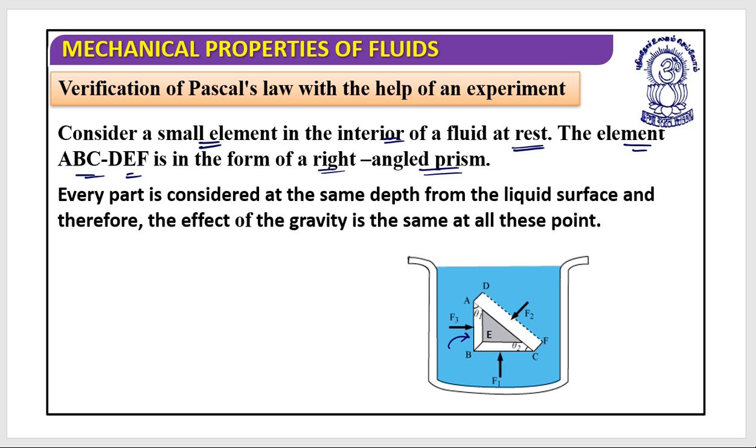Every part of this element is considered at the same depth from the liquid surface, so the effect of gravity is the same at all these points. Since the element is very small, we can ignore the effect of gravity.